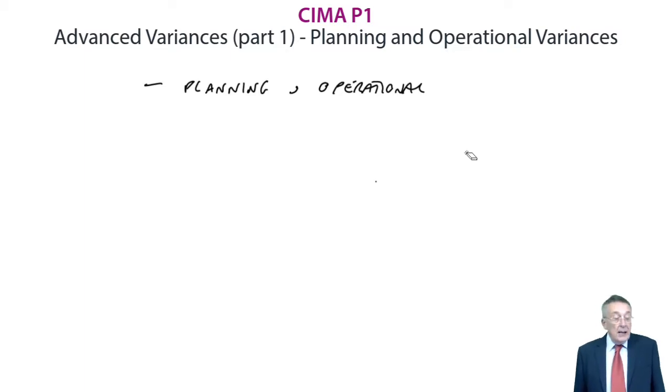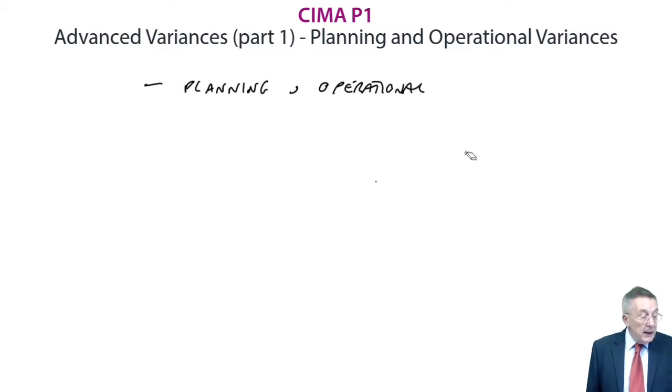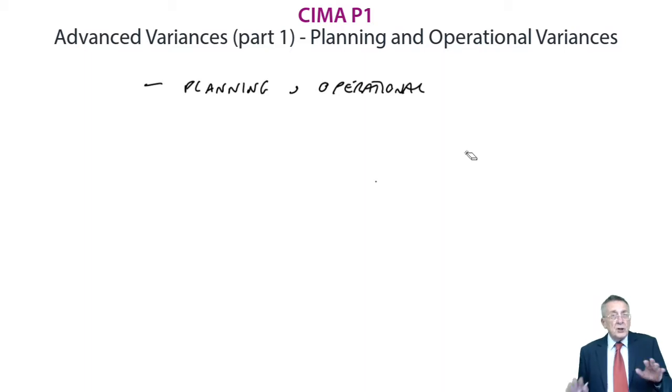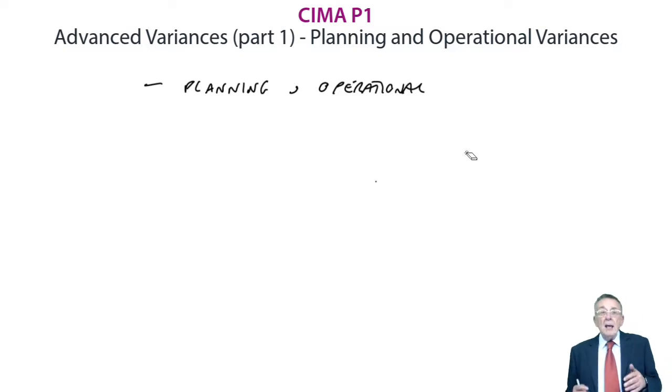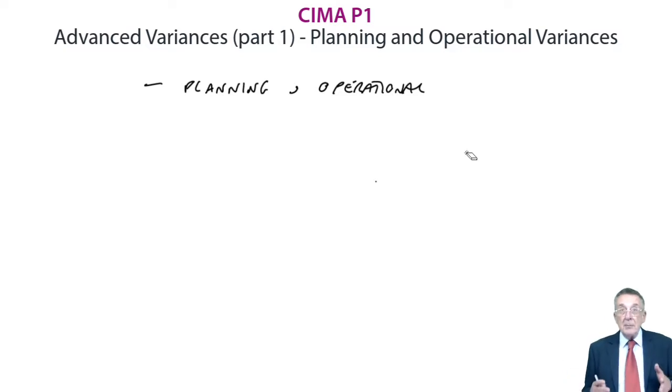Now, before I do it, I'd better make it clear that there are two standard ways of calculating these variances that give different answers. And people argue as to which is better. There's a logic to both. I'm going to do it the way that CIMA prefers and the way you need for the exam.